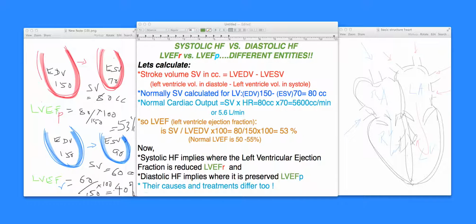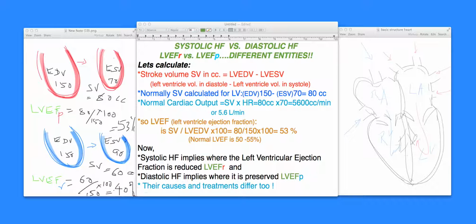So you could have a diastolic heart failure where there is no reduction of left ventricular ejection fraction, like here, because the LVEF is preserved. Or you could have a systolic heart failure where obviously the LVEF is reduced. Simple. So systolic heart failure implies where the left ventricular ejection fraction is reduced, like here.